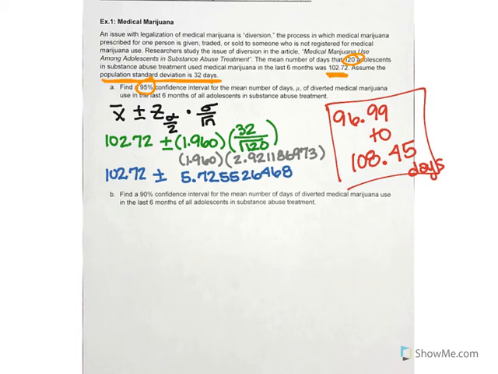And the next one, same information, we're just switching up our percentage. Our percentage on B says 90% confidence interval. So again, the only thing that's changing would be my z-score. So I'm going to rewrite the formula for you. We still have that same mean of 102.72 plus or minus, and this time it says 90%.